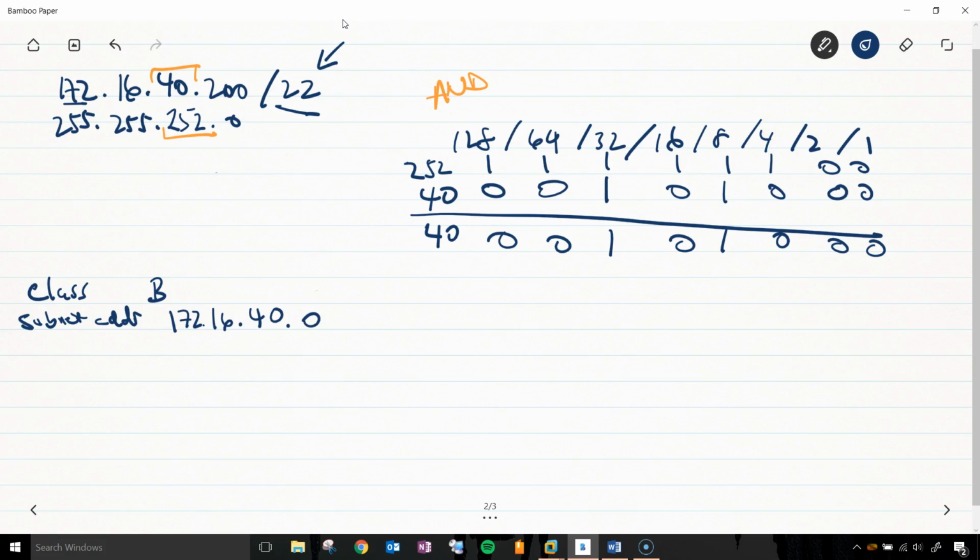Okay, so 40.200 is an IP address in the 40 subnet. First IP address, 172.16.40.1. Okay, it's like an odometer. This clicks all the way over to 255, and then this would change to 41. This would begin at 0 again.